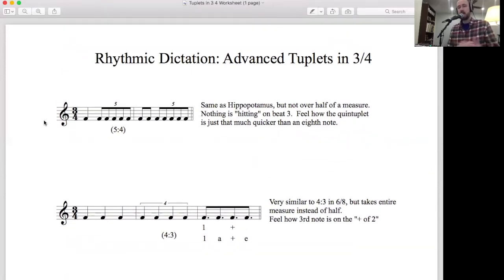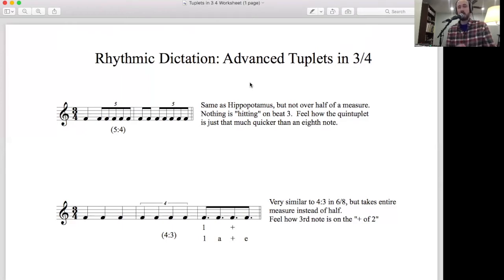So with the quintuplets, the main difference here is that we're not hearing these like we did in 4/4 time. When we did it in 4/4, we used that hippopotamus to count it, right? Here, let me get the metronome going. So this is the beat. We were doing something like 1, 2, hippopotamus 1, right? And we were just filling up half the measure.